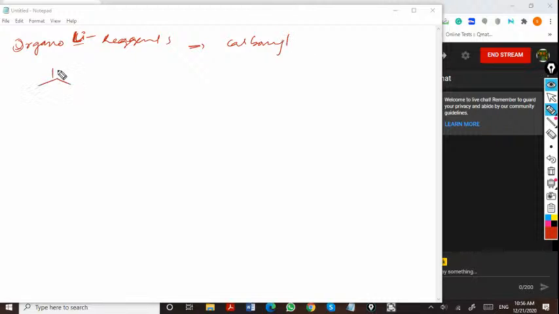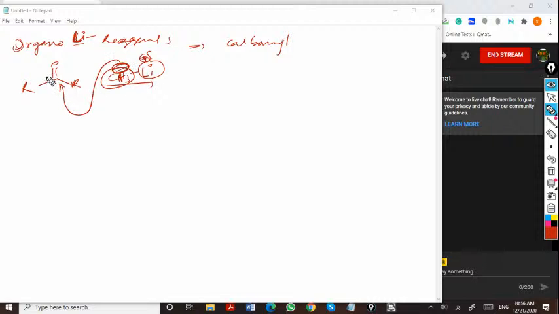So if I take a ketone and treat it with methyl lithium, among these, carbon will be more electronegative when compared to lithium, because lithium will be positive and carbon will be negative. So this is going to act as a nucleophile.